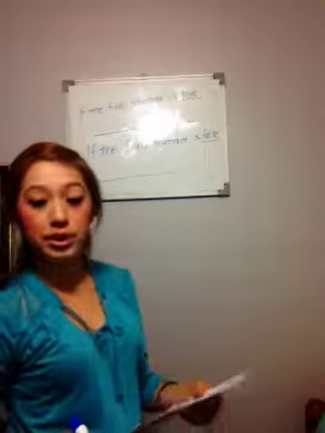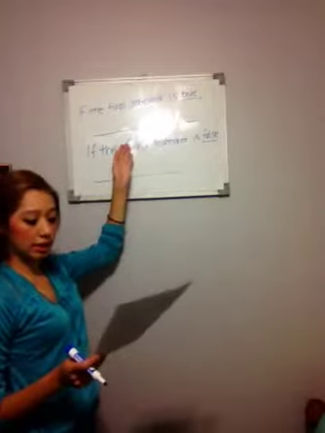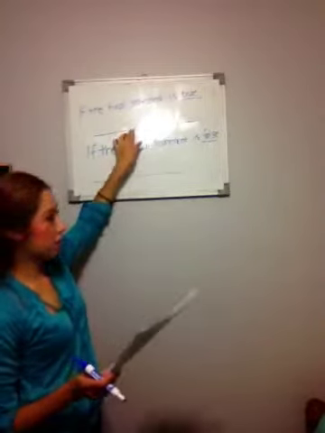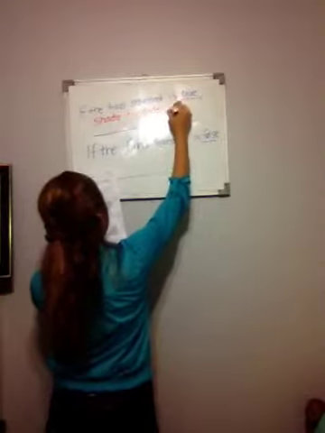So, if you test the point 0, 0, and the final statement is true, you must shade the side with the test point. Go ahead and write this down. You shade, let me write it down with another color so you won't get confused. So, you shade the side with the test point.